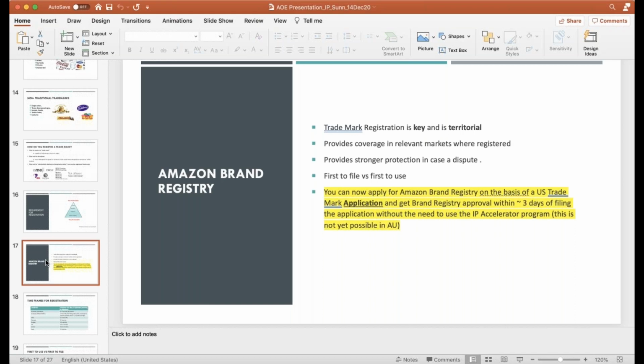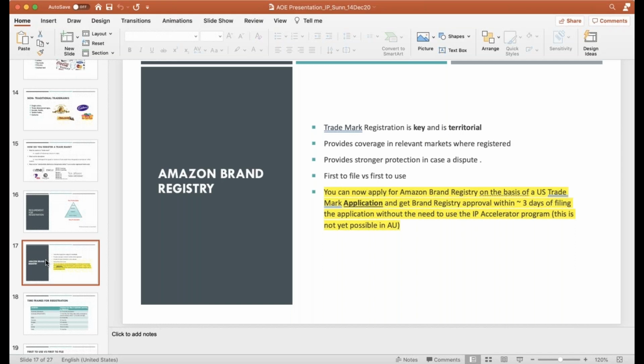So you have to be very mindful of that. If going into several marketplaces is your ultimate goal, then consider filing in Australia and then within 6 months filing in the US, or vice versa, just to ensure that you've got the runway of all of the marks coming along.